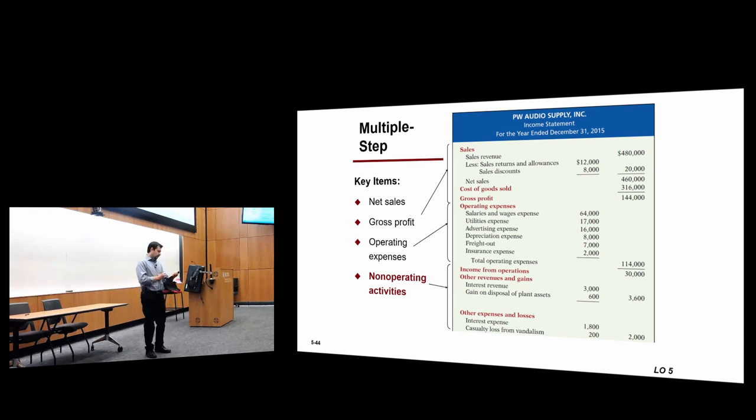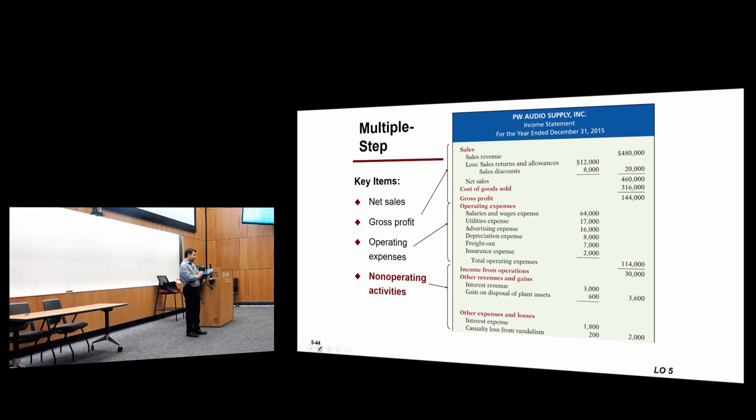This is, for example, interest expense. Now it's the other way around. Interest expense is not something directly related to, for example, paying salaries or your rent or your utilities. But you still have to pay interest expense. This is included as other expenses and losses.